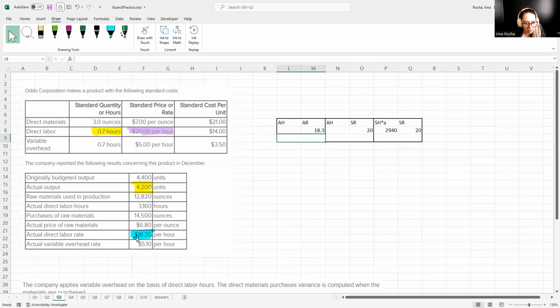In hours, let's see. Actual direct labor hours. There we go. Here we have that information. 31.60. This is 31.60, and this is a safe piece of information, 31.60. So just multiply this by this. You can carry that over.